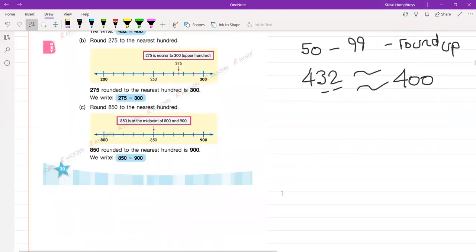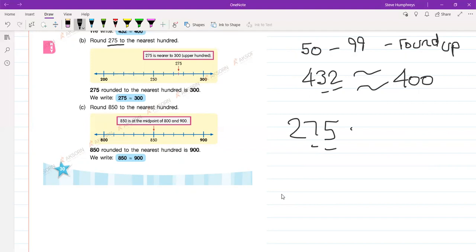Next example. 275. Round 275 to the nearest 100. Look at the last 2 digits. Is 75 between 50 and 99? Yes, it is.